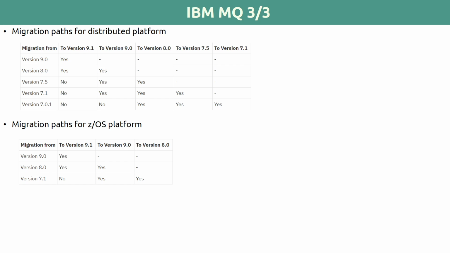But if you are on a version below that, for instance 7.5, this means that you cannot directly migrate to version 9.1, but you need to take an intermediate step, migrating for instance to 9.0 and then migrate to 9.1. Just be aware of that.